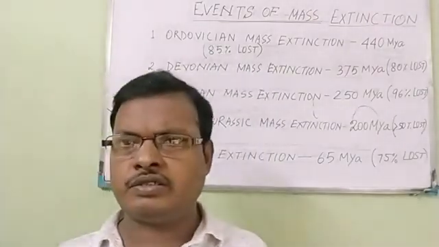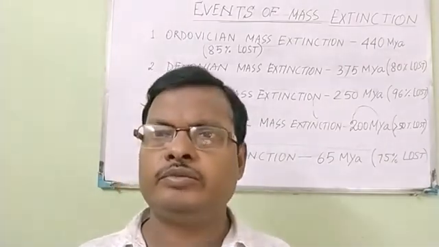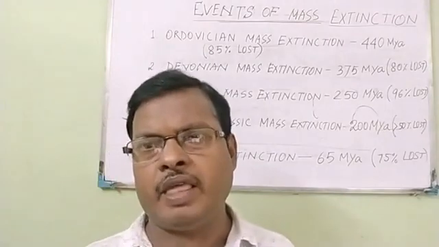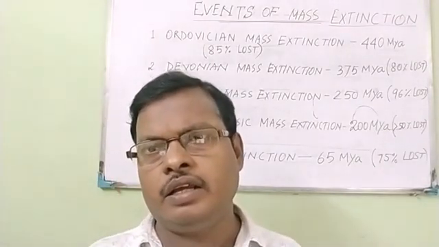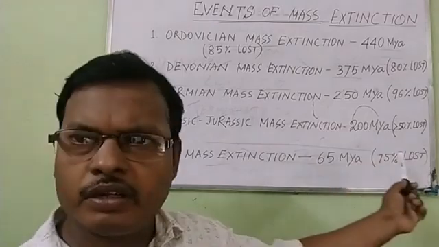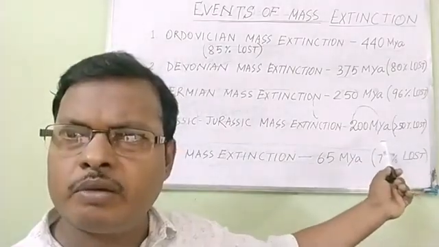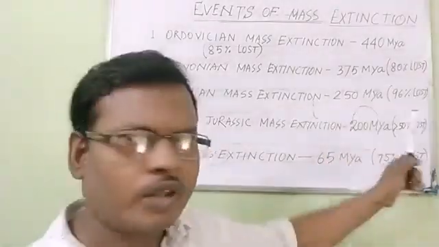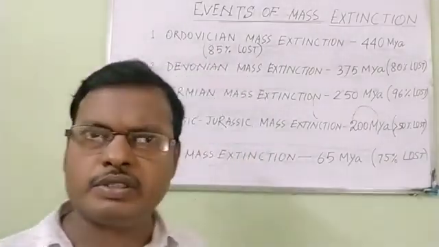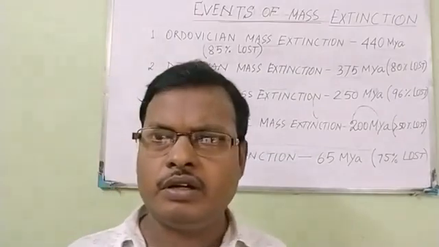Small members of the reptilian family, a large number of amphibians, and a number of fish species disappeared during this period. This took place about 200 million years ago, and more than 50% of existing species during that period were lost.